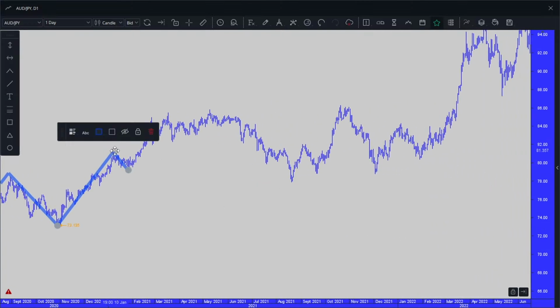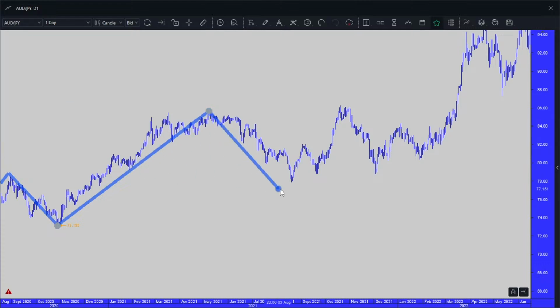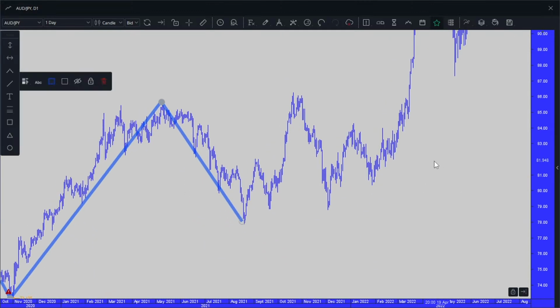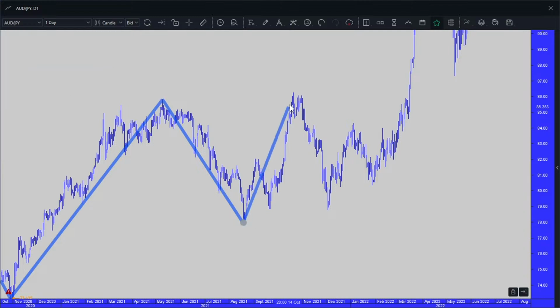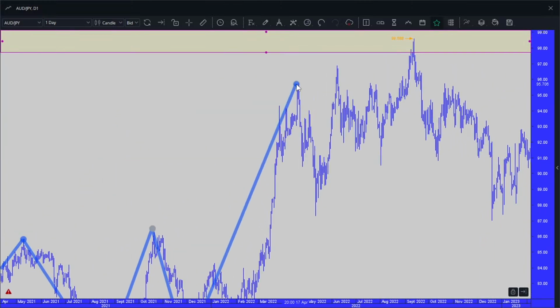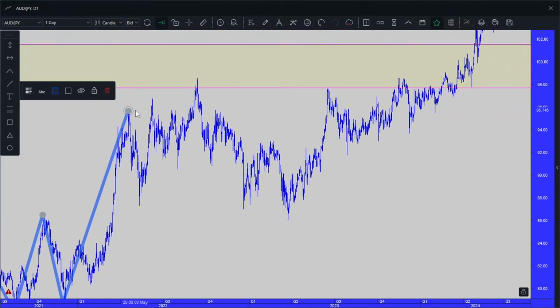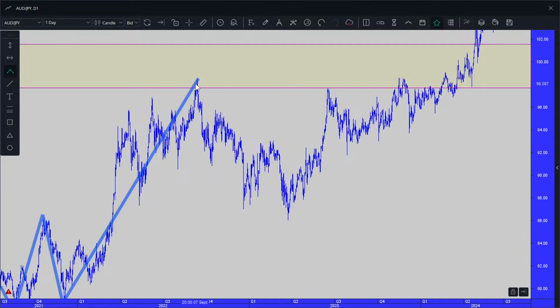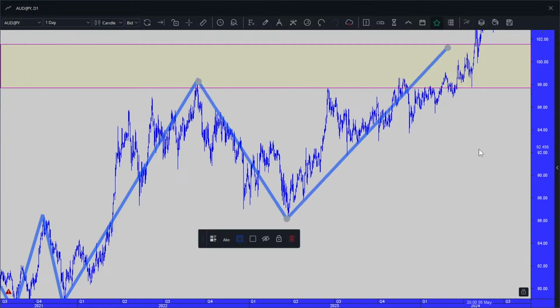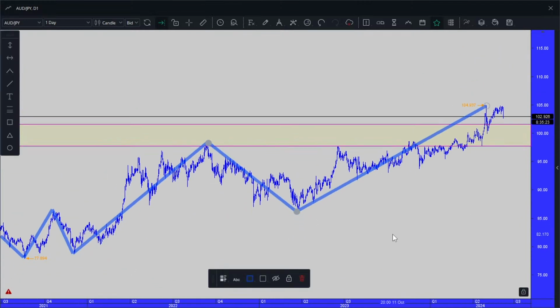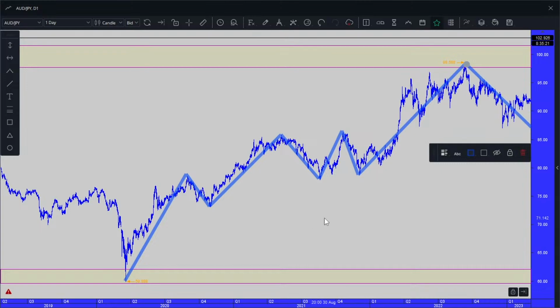So this is a low, we talked about how to readjust the market wave. This is a higher high. Extension, retracement, and then it pushed up. Extension on the daily, retracement and extension so far. And this is the market wave on the AUD JPY daily chart.